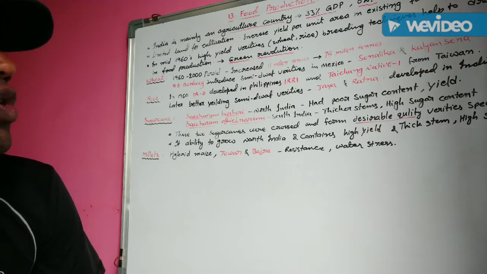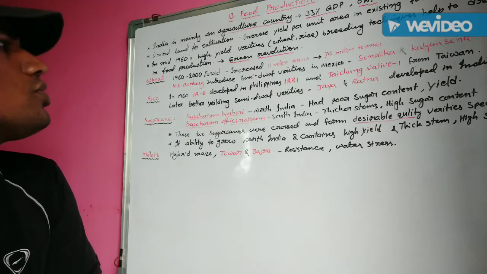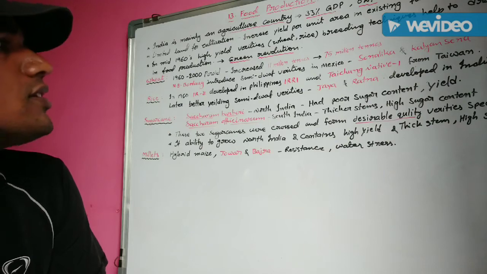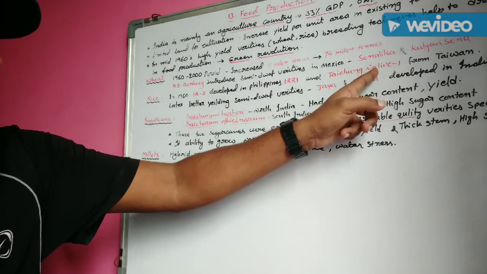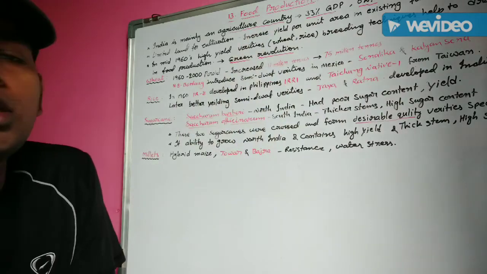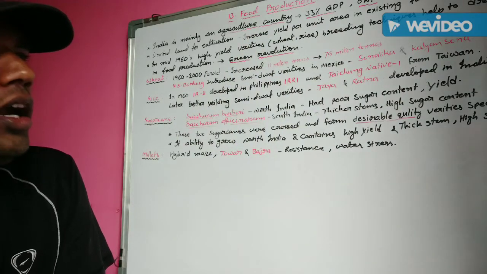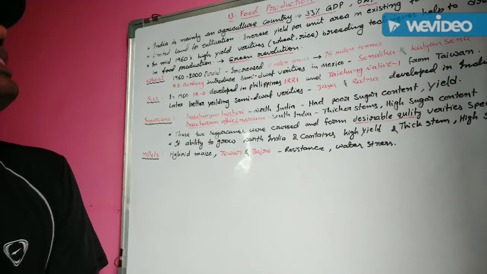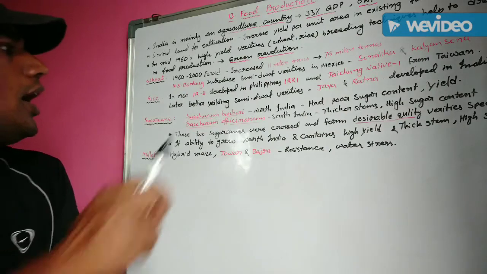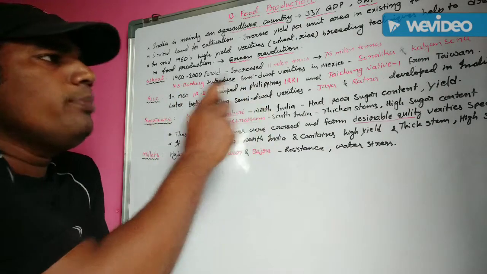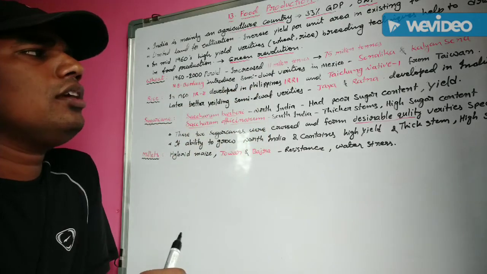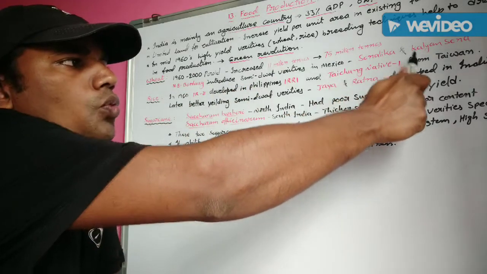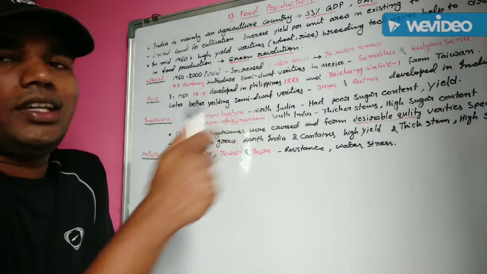Some semi-dwarf varieties were introduced and developed in this institution. And also Taichung Native 1, which was developed in Taiwan. IR8 was developed in the Philippines, especially at IRRI, and Taichung Native 1 was developed in Taiwan.